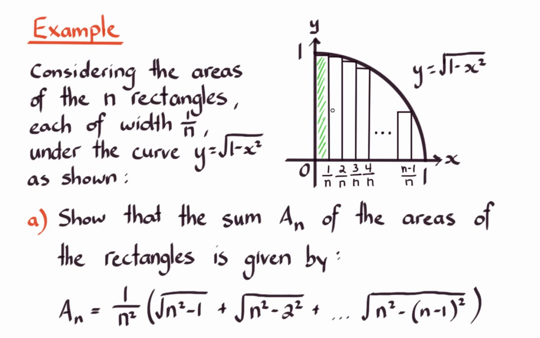Likewise, when we focus on this second rectangle, we would get its height by substituting in 2 over n into the function. Now we can see each of the x values that we're substituting in is of the form x over n. So why don't we look at a general rectangle first of all?